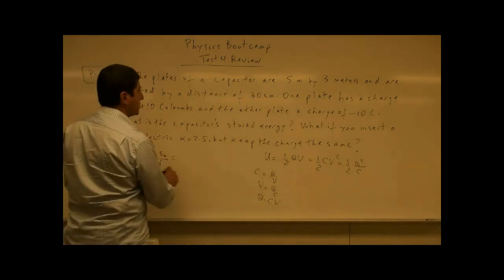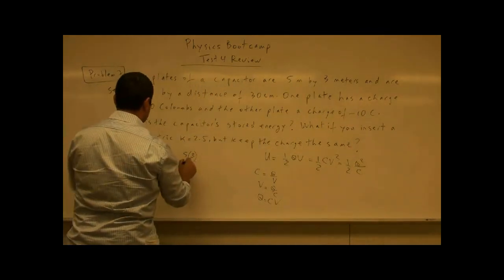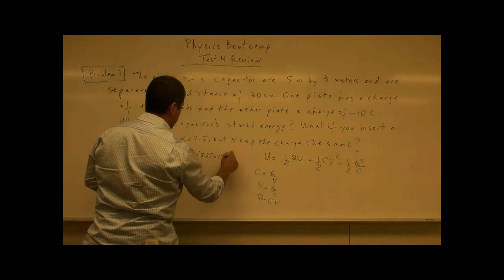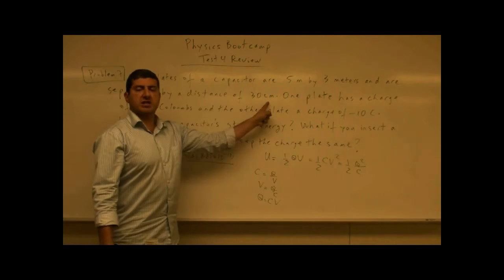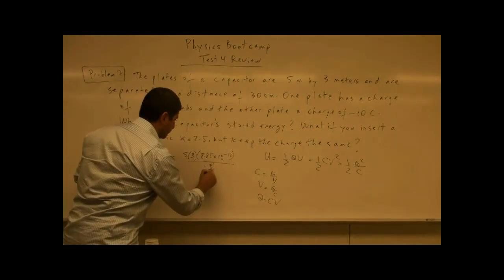So the area is equal to 5 times 3, times epsilon naught, 8.85 times 10 to the minus 12, divided by the distance between the plates, which is 30 centimeters. Change that to meters and you'll get 0.3 meters.